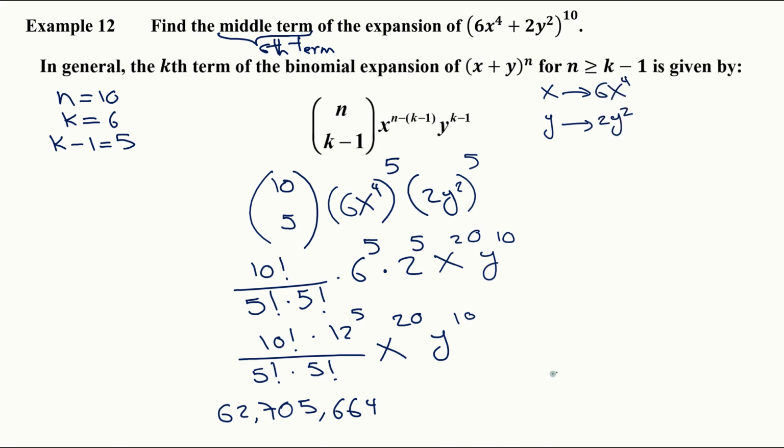All right, and then x to the 20, y to the 10. And there is the 6th term of the expansion of this binomial power without having to find the entire expansion.